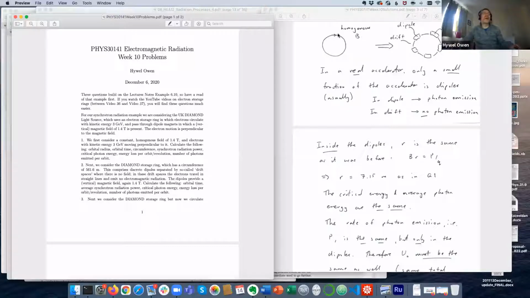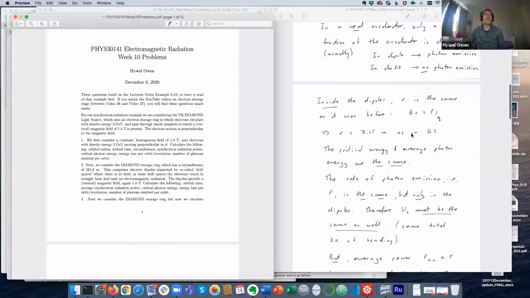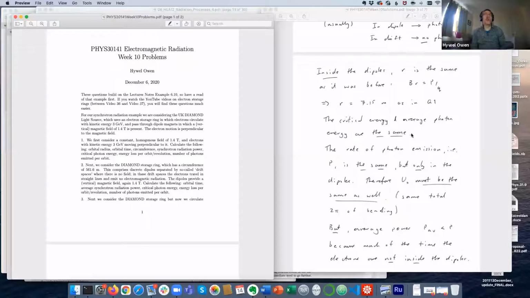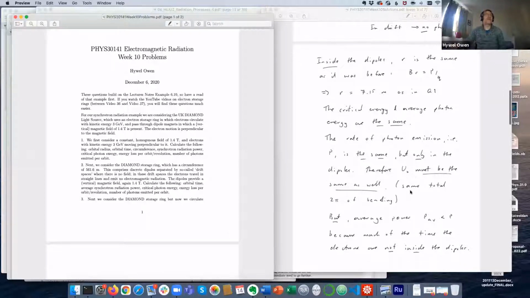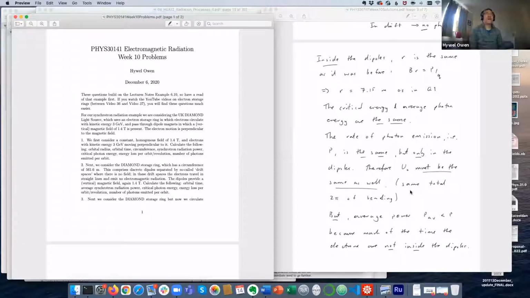So the total amount of energy loss in one turn must also be the same. Regardless of whether the field is homogeneous or divided up, as long as the magnetic field is the same, the energy loss per turn is also the same, because we have the same total 2 pi of bending angle. But as we said, because we now have drift spaces, the average power is potentially much less than the power radiated during the photon emission within the dipoles.